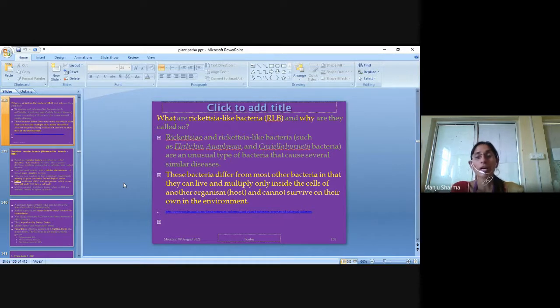These bacteria differ from most other bacteria in that they can live and multiply only inside the cells of another organism, the host, and cannot survive on their own in the environment.